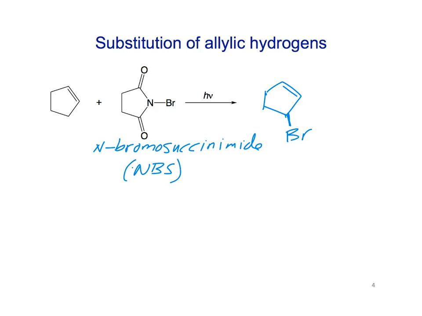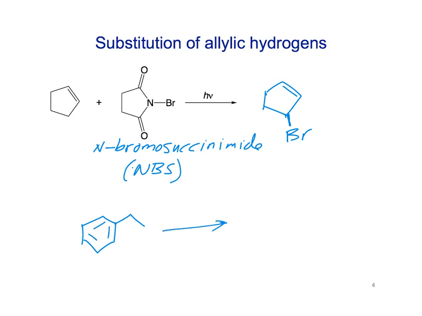Okay, so it's not adding to the double bond, it's substituting at the adjacent allylic position. Like I mentioned, we could also do this same reaction on the benzylic position.